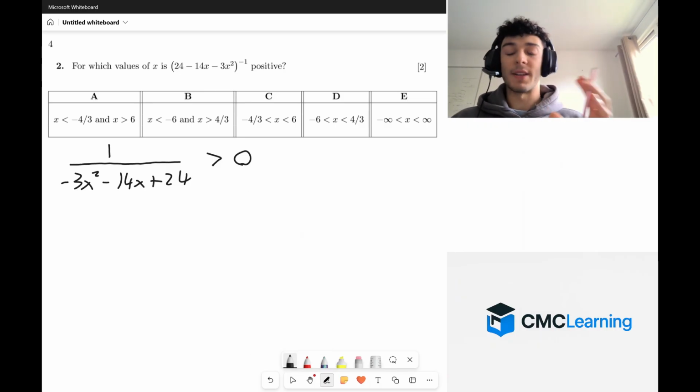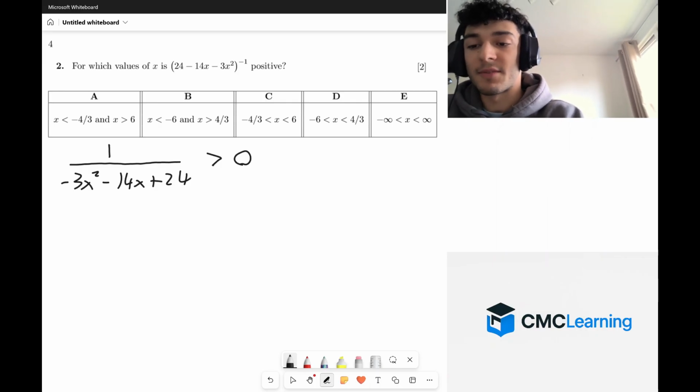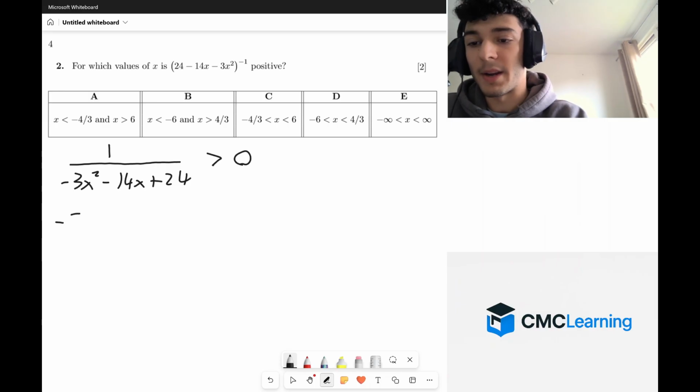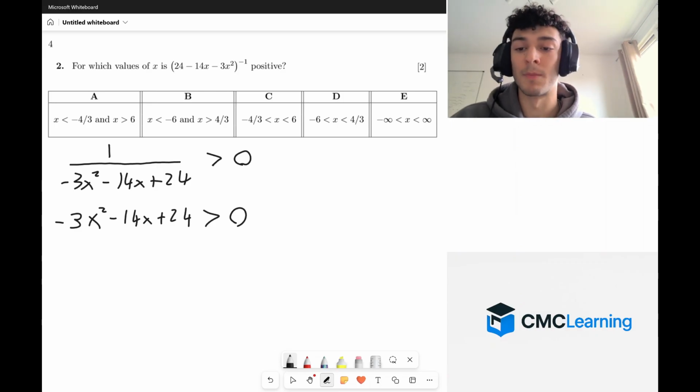Obviously, we could try and factorize this expression, see where it takes us. We need to be left with some inequality. So let's write that out as the next step. Here we need to solve when minus 3x squared minus 14x plus 24, this number down here, is greater than 0.